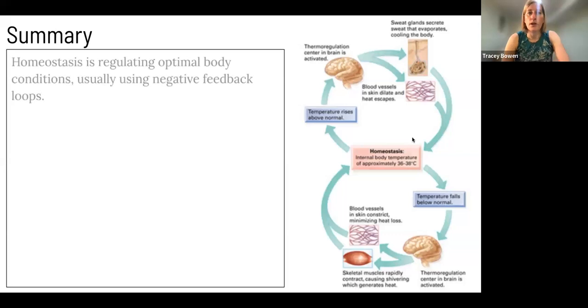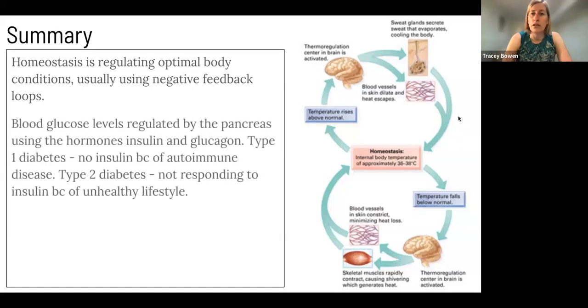So to summarize, homeostasis is regulating optimal body conditions using negative feedback loops. Blood glucose levels are regulated by the pancreas using the hormones insulin and glucagon. Type 1 diabetes means you have no insulin because of autoimmune disease.